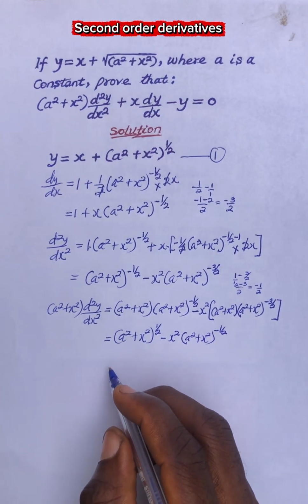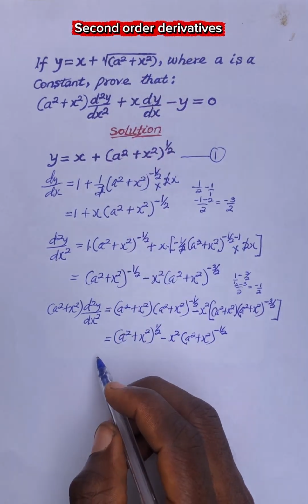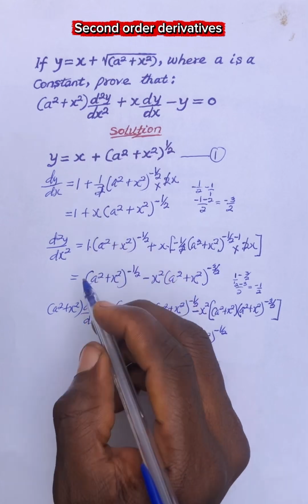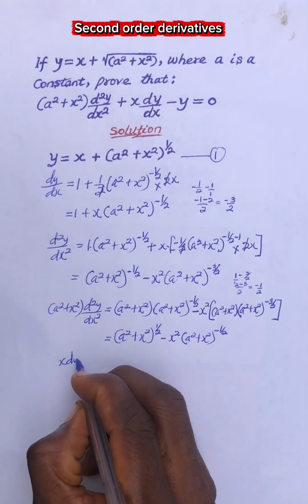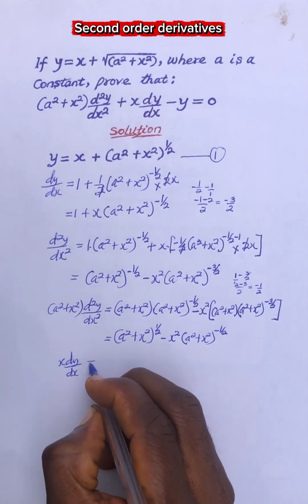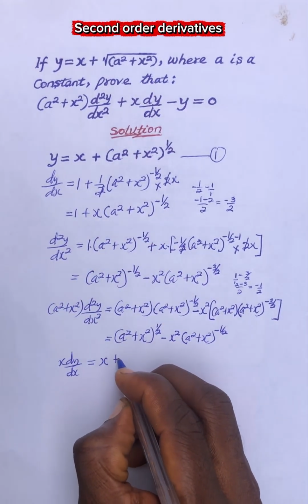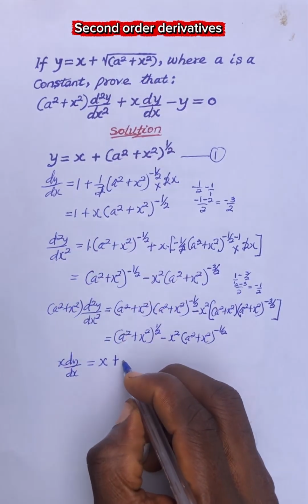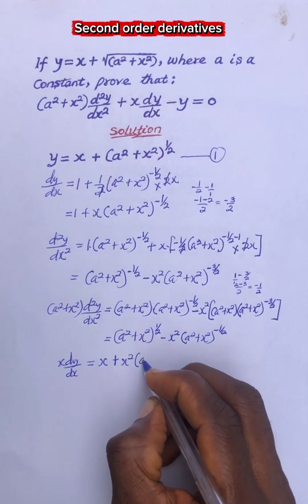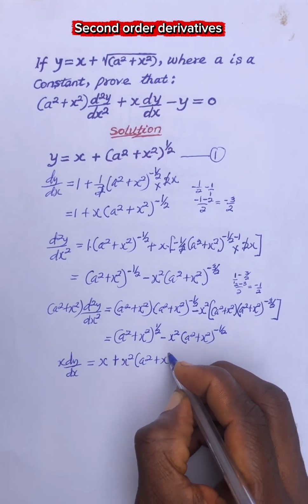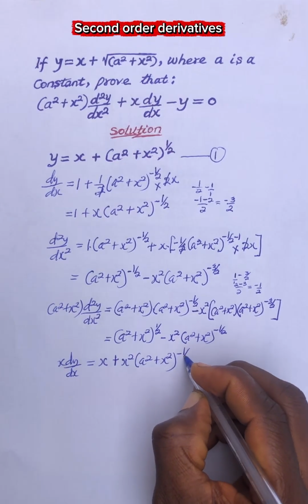Now, we are also going to multiply the first order by x, which is this. Now, x dy/dx means multiply this, 1 times x becomes x plus, now x to multiply this, we have x squared into (a squared plus x squared) all to power minus half.